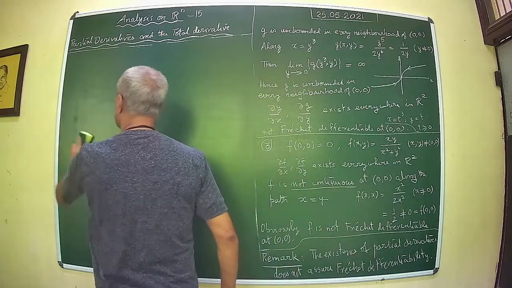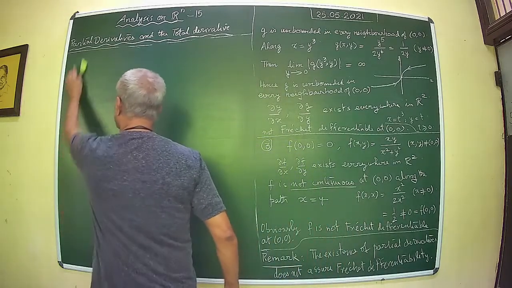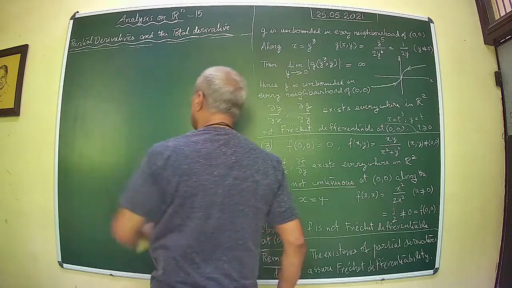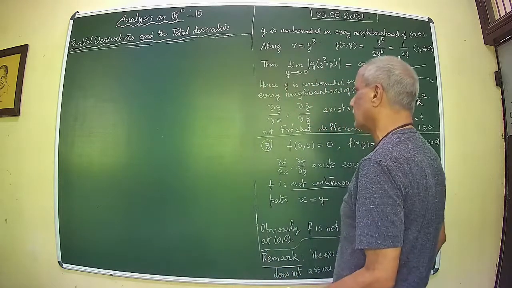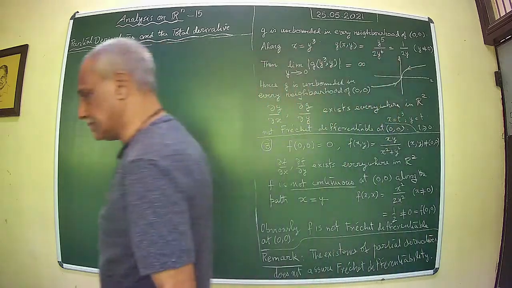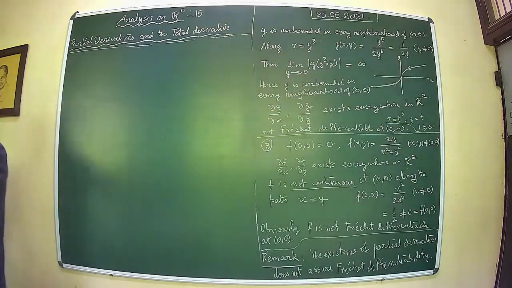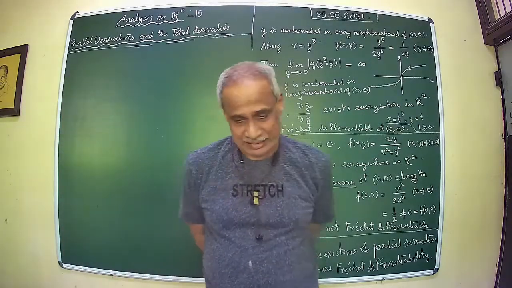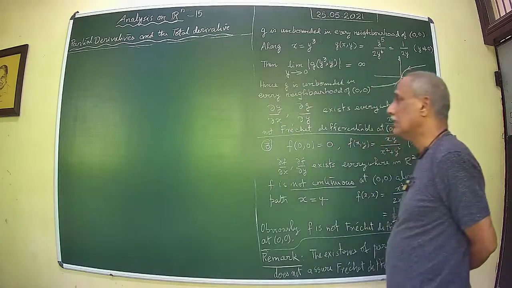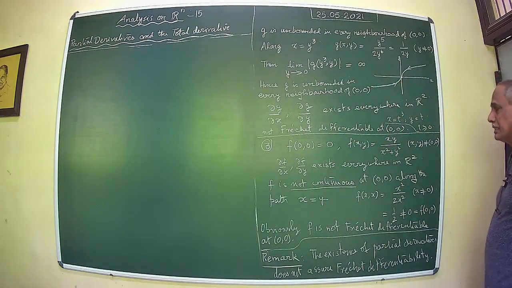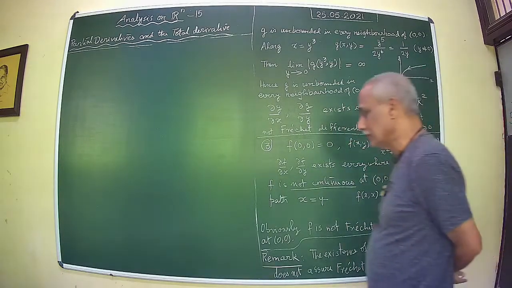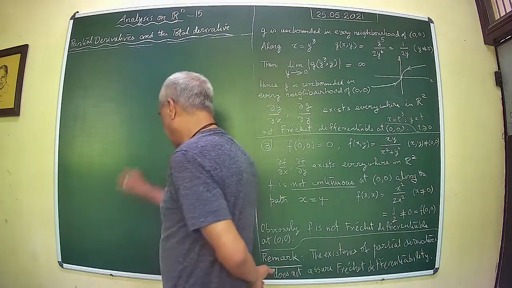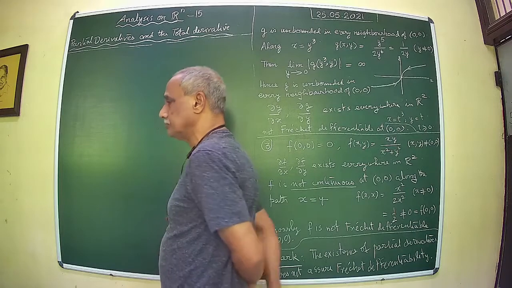So is it possible for us to infer that the partial derivative exists? We have ruled out the other possibility. What is it? That existence of partial derivatives does not necessarily mean the function is Frechet differentiable.